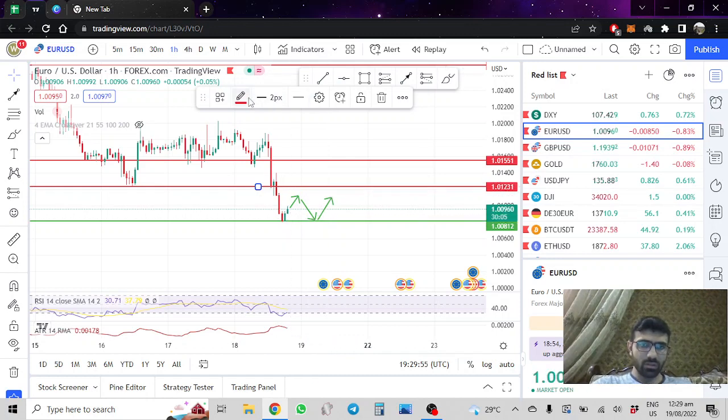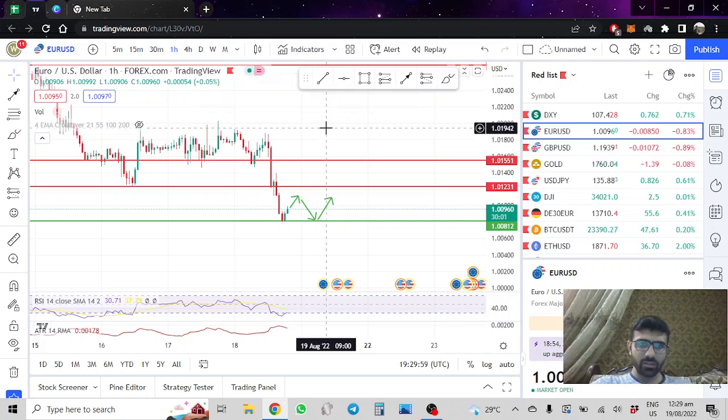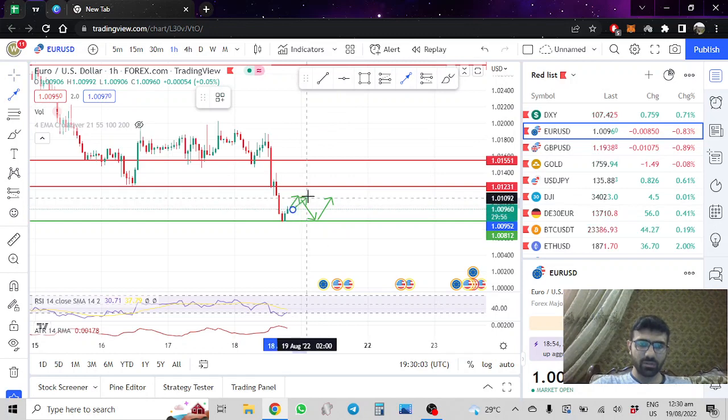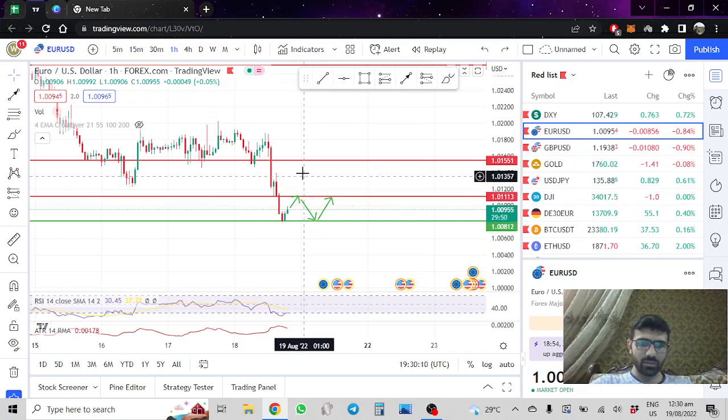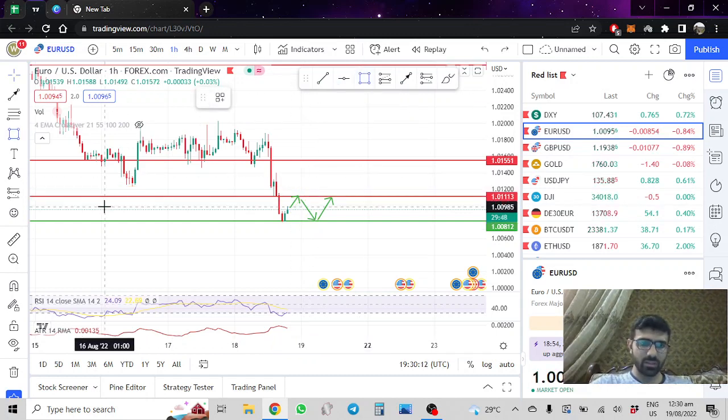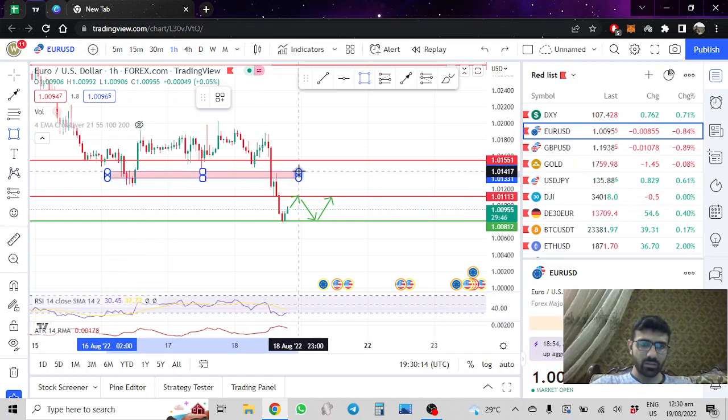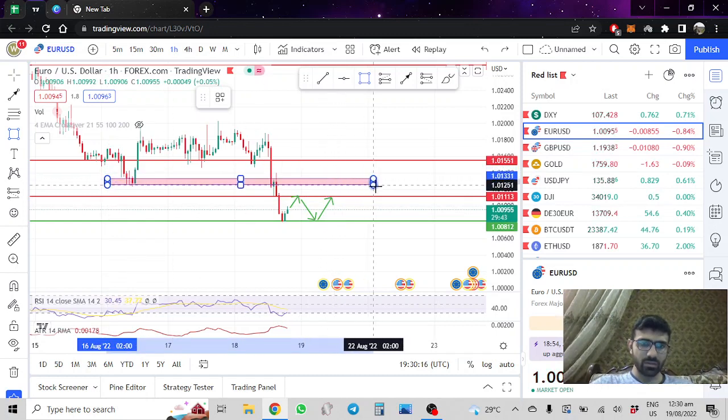I'm gonna make a few arrows. If the market goes up till here, just wait a little, I'm gonna mark this area with a shadow. So yes, this is our area of resistance.